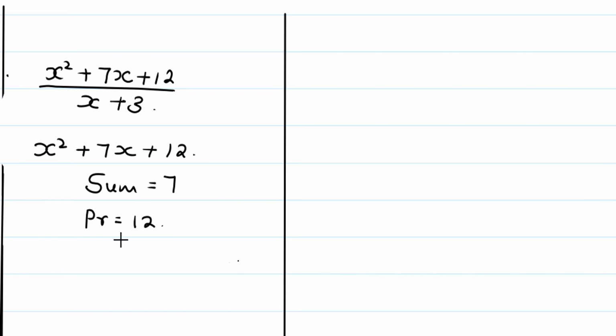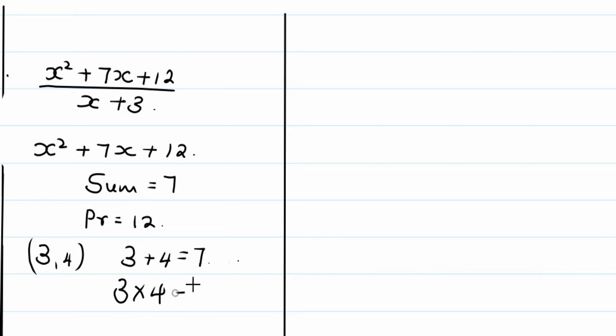When I multiply them, I get 12. And those two numbers are just 3 and 4, because look, when I take 3 plus 4, I will get 7, which is the coefficient of x. But then when I take 3 multiplied by 4, I will get 12, which is the constant in the quadratic expression. So those two numbers are 3 and 4.